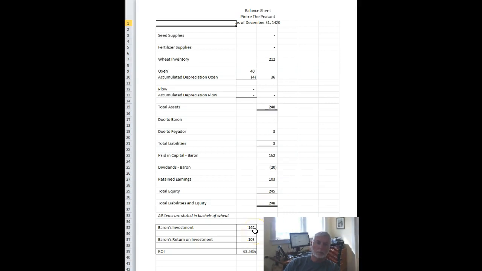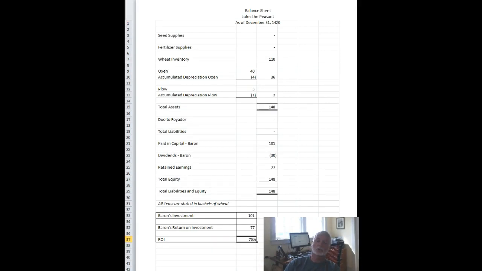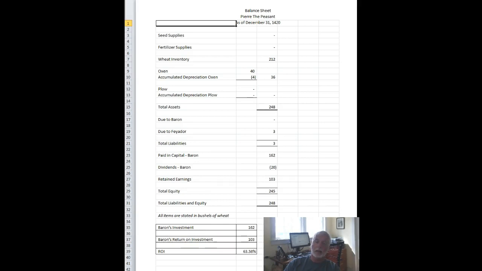So the Baron had a 162 bushel investment, received a 103 bushel return, which is 64%. So Jules did a little better. He got a 76% return for the Baron. Both of them pretty good.